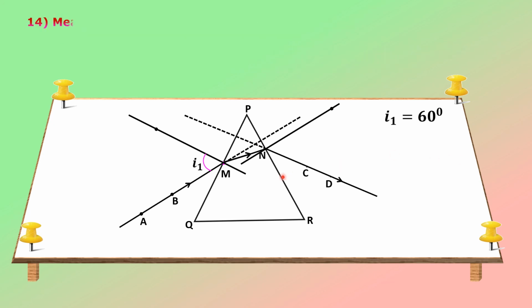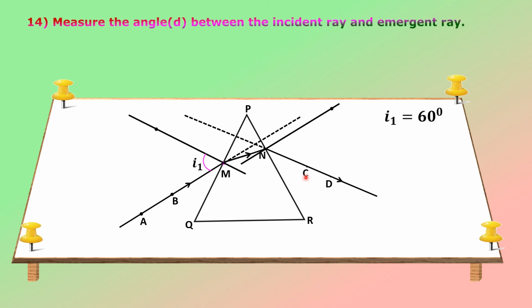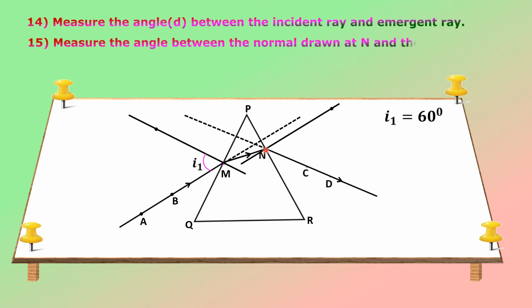Now let us measure the angles. Let us measure the angle of deviation here and the angle of emergence I2. So here measure the angle between the normal and the emergent ray.